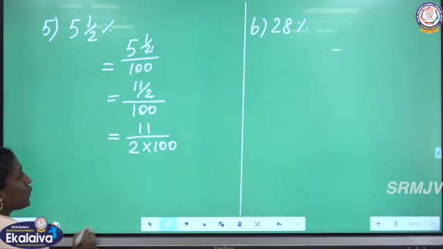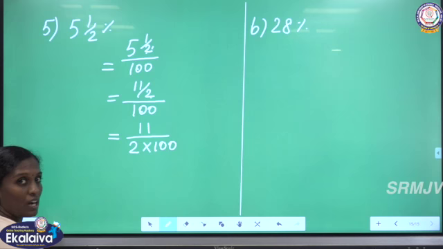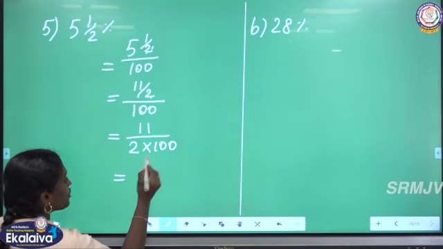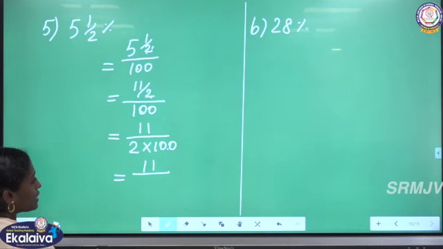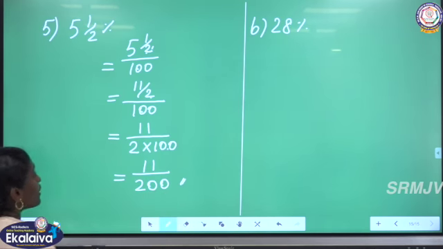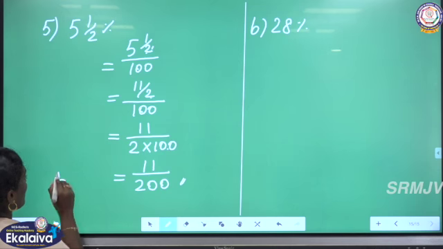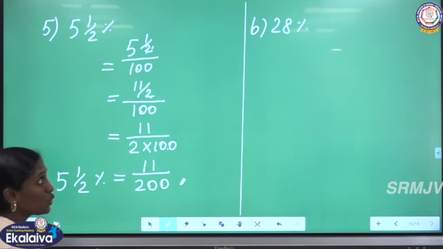Now whether we can reduce the numbers, 11 is a prime number, so we can't reduce it. So we have to write the number as it is in the numerator, then we have to multiply the denominator numbers. 2 into 100, 200. So 11 by 200 is the answer. 5 1 by 2 percentage is equal to 11 by 200.